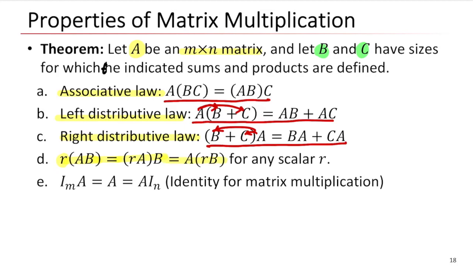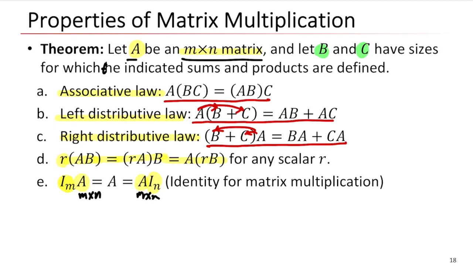And there is one more rule. Because the size of matrix A is m by n, we can multiply the identity matrix of the appropriate size on the left side and the right side of matrix A, like this.